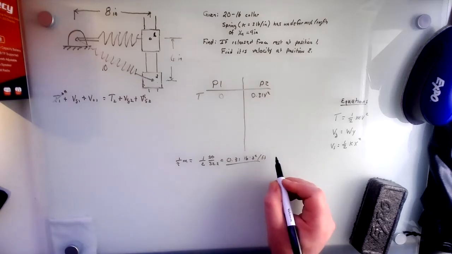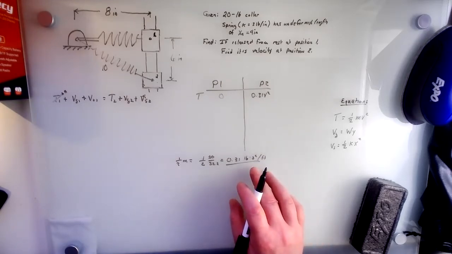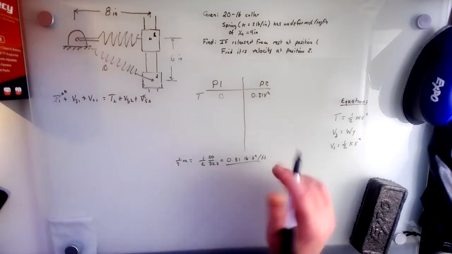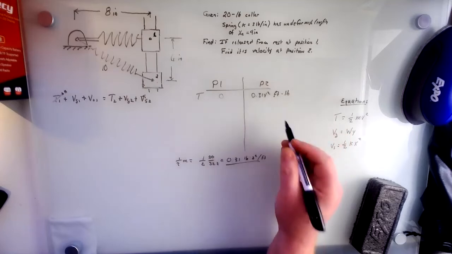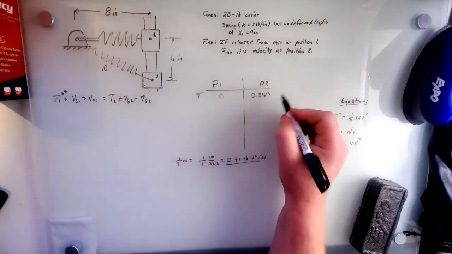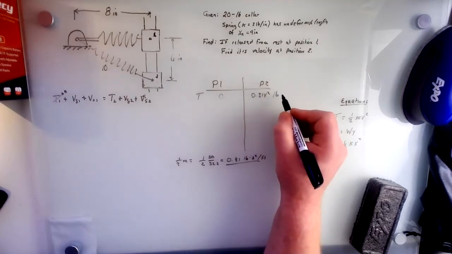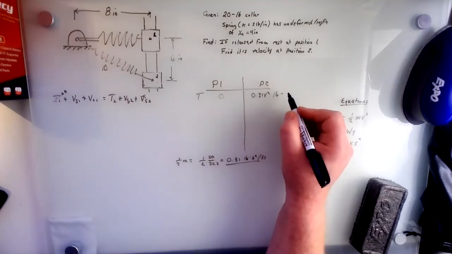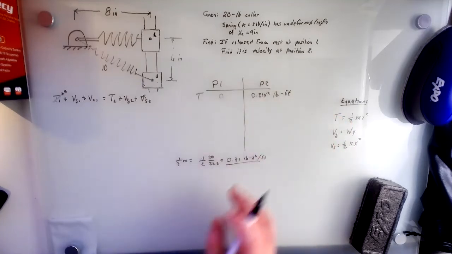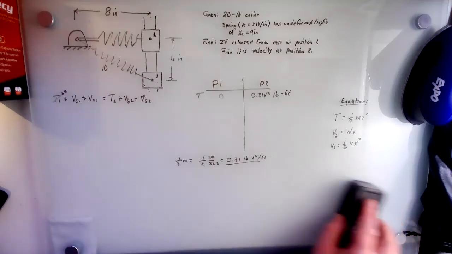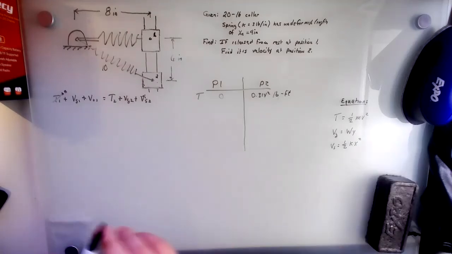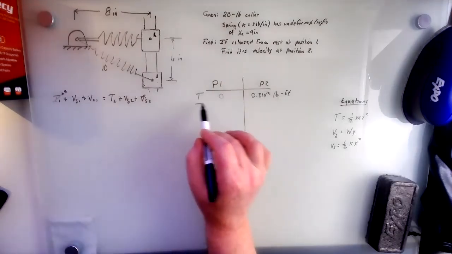If we multiply that, we get pound feet, which is what we should get, or foot pounds. Actually, pound feet is better because foot pound generally has a connotation of torque. So we're going to want everything in terms of pound feet. All right, so that's our T.